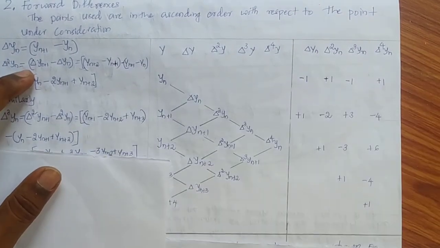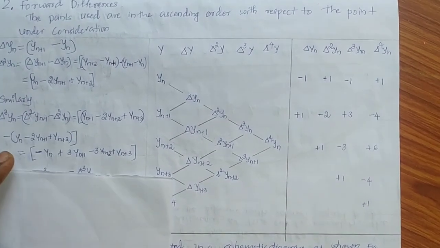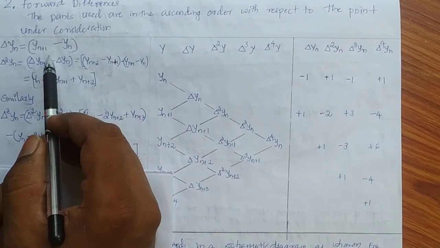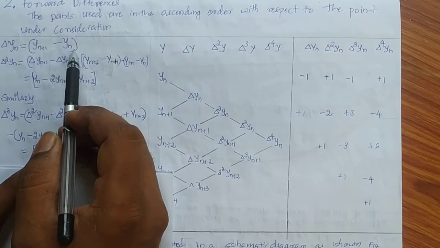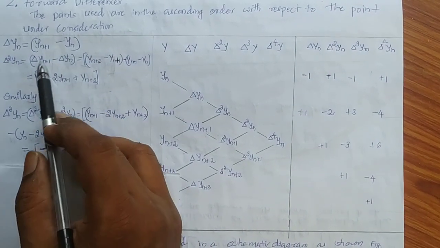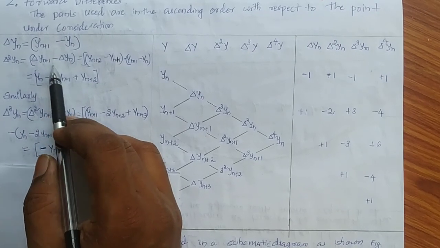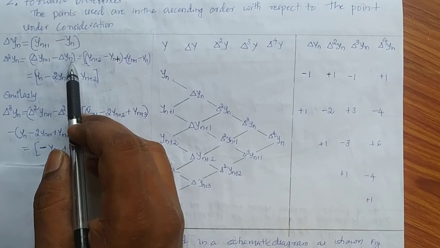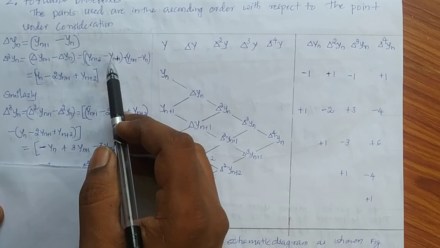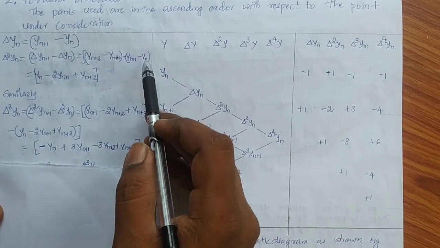So here now you can see delta yn. Delta yn is equal to yn plus 1 minus yn. Next, delta square yn will become delta yn plus 1 minus delta yn. That is nothing but yn plus 2 minus yn plus 1, minus of yn plus 1 minus yn.